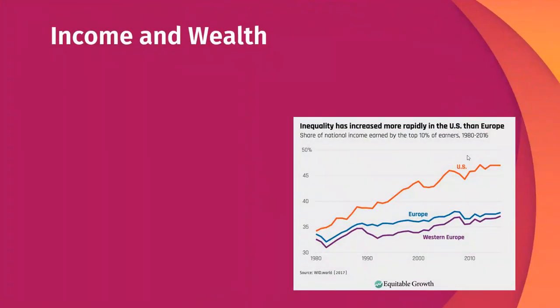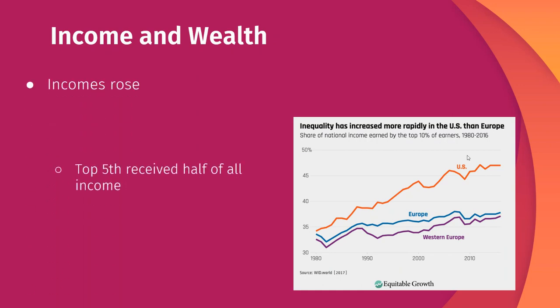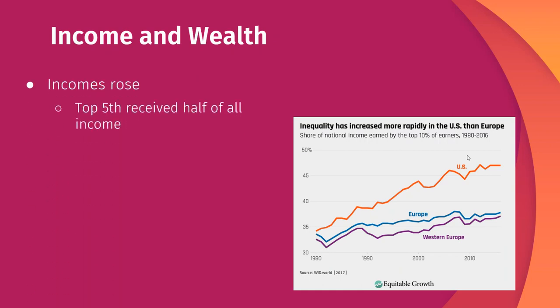But there is a negative here, and that is that the United States, despite incomes rising throughout the 1990s and into the 2000s, is going to continue on this trend of increasing economic inequality, especially when compared with the other Western countries, the best comparisons for the United States in terms of standard of living and their economies.